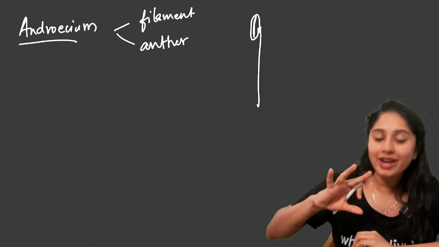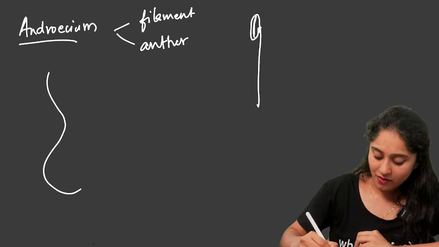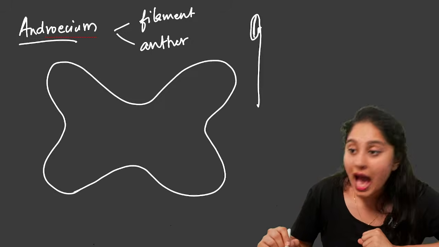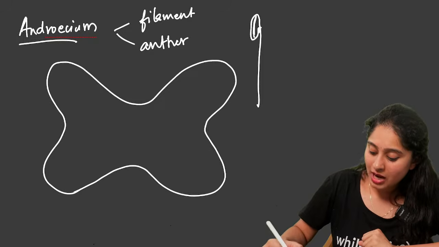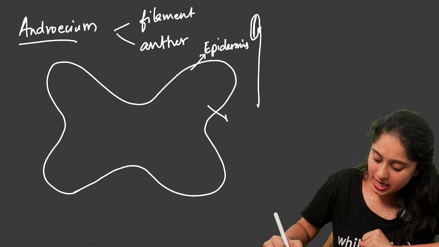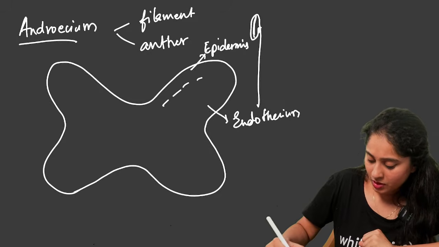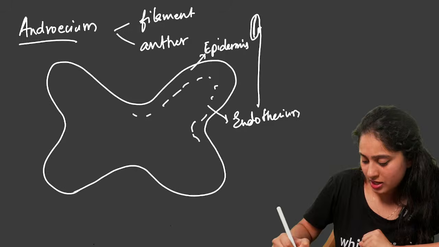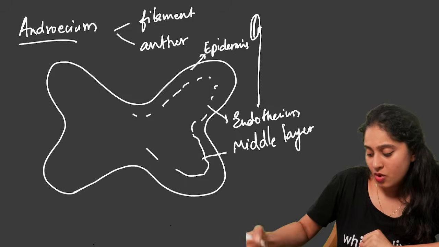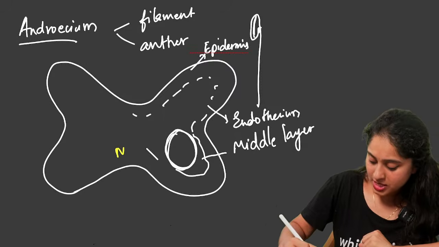Now, when you look at the ultrastructure inside the anther, what we have is a tissue like this. Here we have an outermost epidermis, and then inside we have the endothecium, then some middle layers, and inside the middle layers we have the microsporangium.